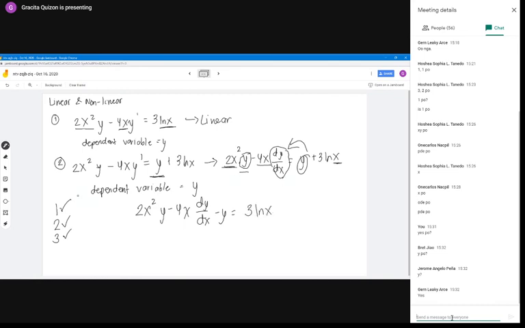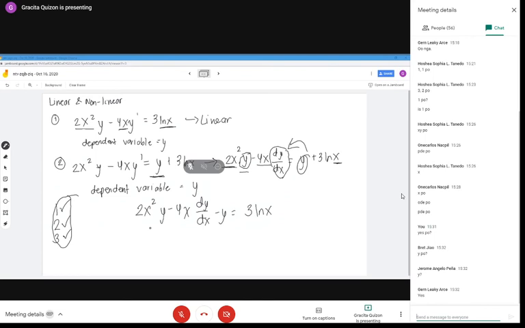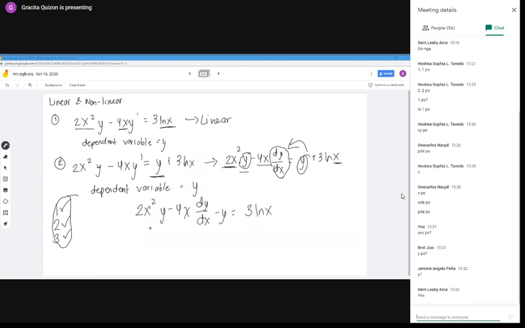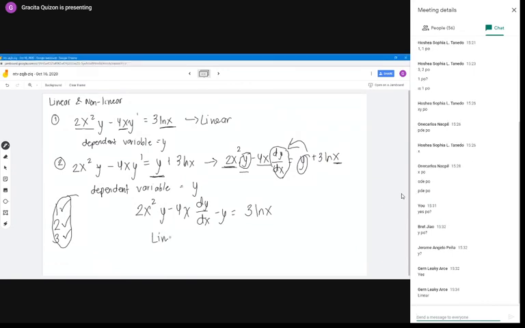Just double check if anything changed in our rules, but here nothing did. So we can say that number 2 is linear. Is it linear or nonlinear? Linear. Okay, it is linear.